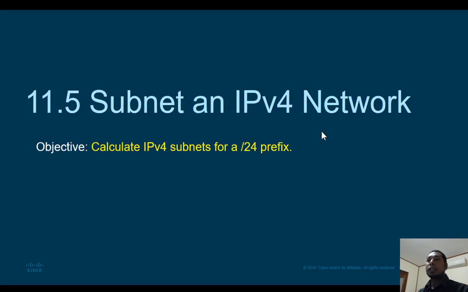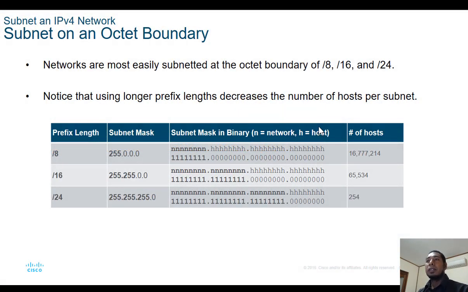So let's look at calculating an IPv4 subnet based on a /24 prefix, or class C address. That's basically what it means: subnetting a class C address. Notice that what we're doing here is subnetting on an octet boundary, depending on what class we are working with.